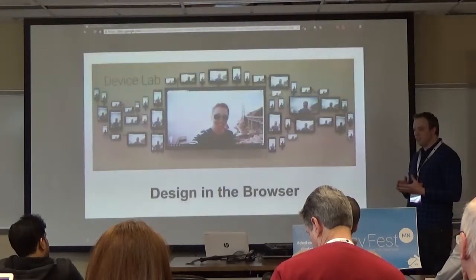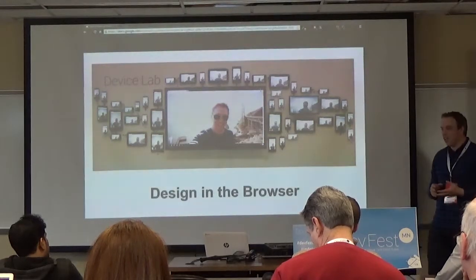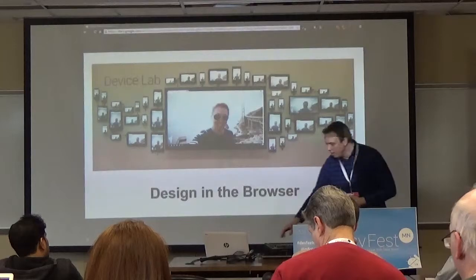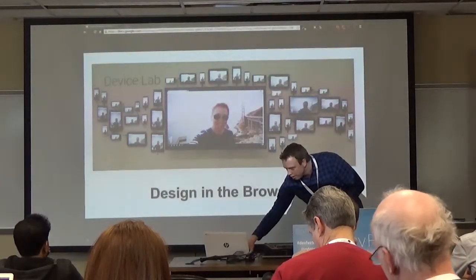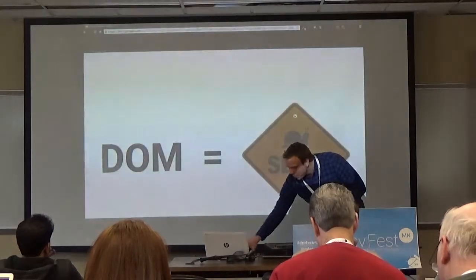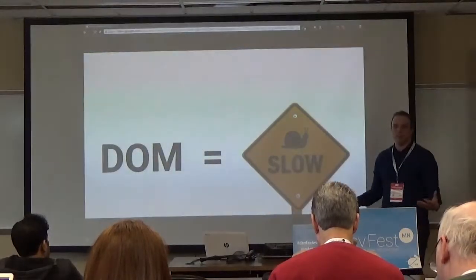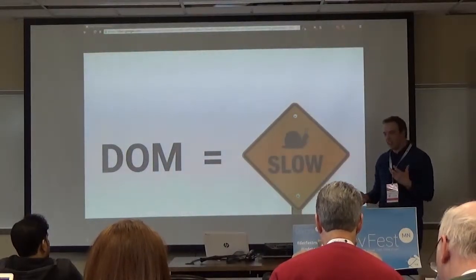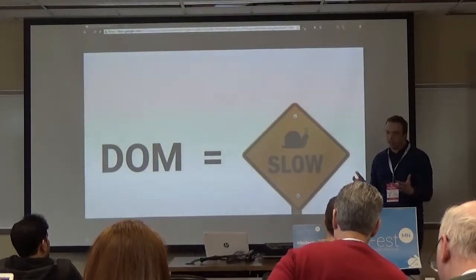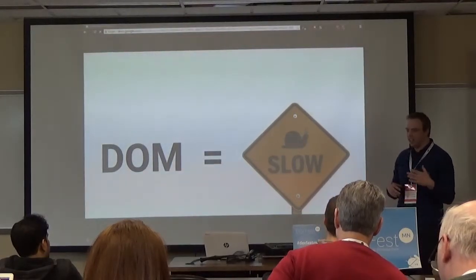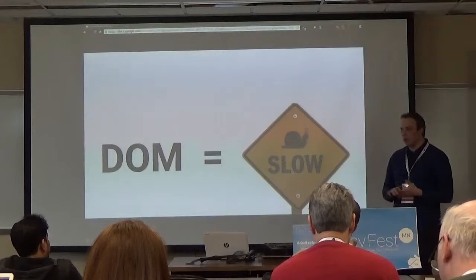One of the big challenges of developing in the browser is that the DOM is really, really slow. It can't handle a ton of things happening at once. It can handle animation, but it can't handle a ton of animation and then loading in Ajax and JavaScript doing garbage collection.